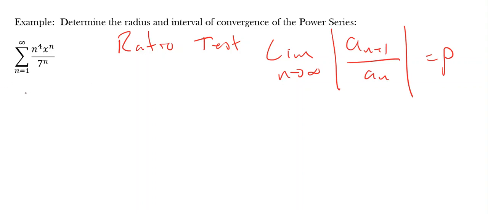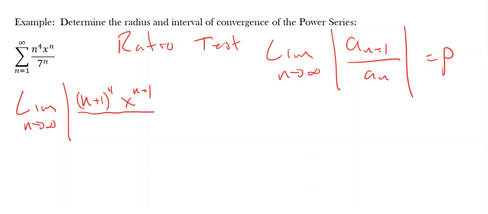And so in this case, we would have the limit as n approaches infinity of (n plus 1) to the fourth times x to the n plus 1 divided by 7 to the n plus 1. And instead of dividing by a sub n, we will multiply by the reciprocal, which would be 7 to the n over n to the fourth times x to the n.